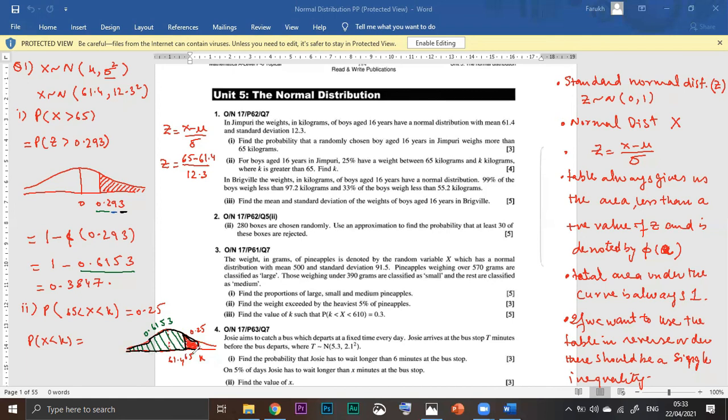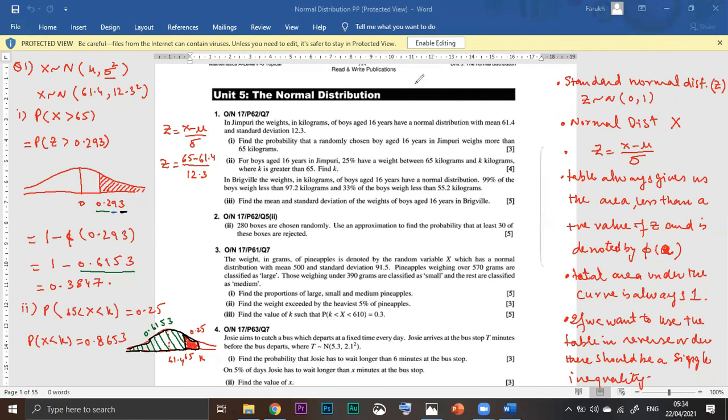What's the area when x is less than k? 0.8653. So like 0.6153 plus 0.25. And what's the final answer, Mila? 0.8653. Now we have converted the double inequality into single inequality.